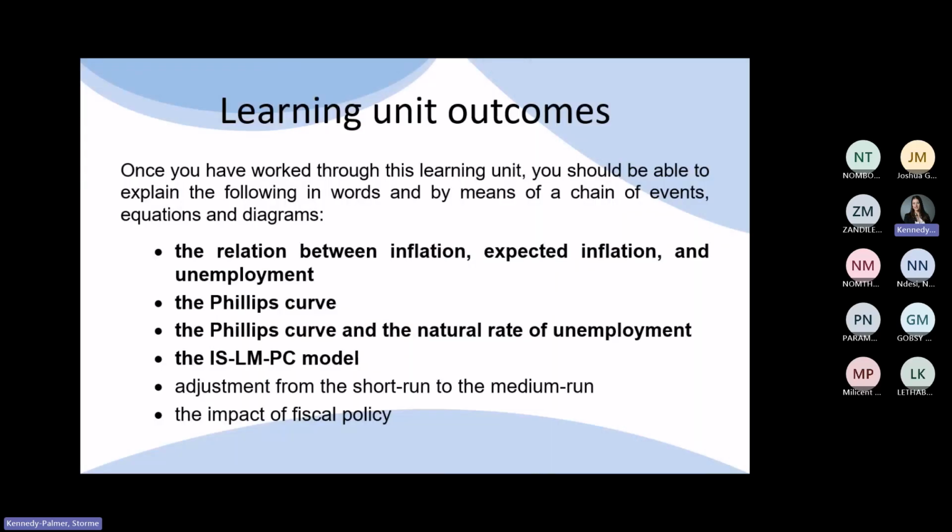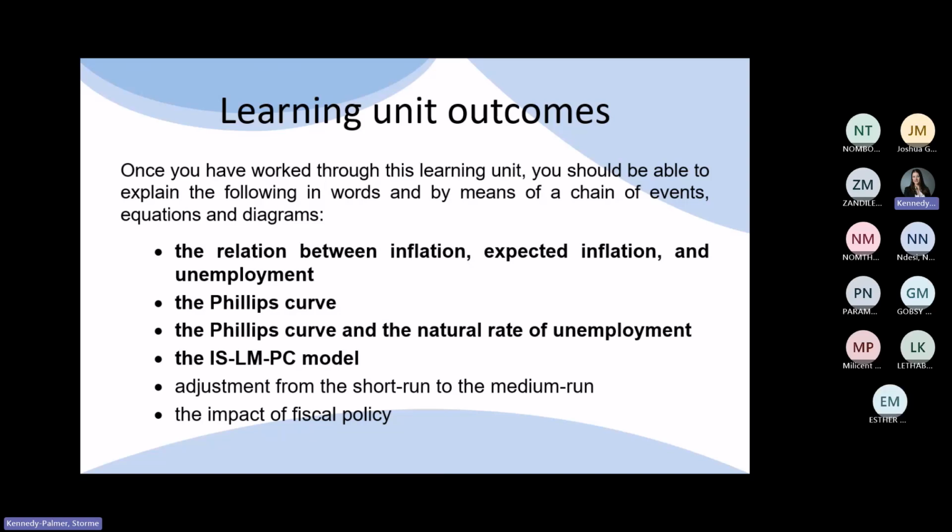Once you've worked through this learning unit, you should be able to explain the following in words and by means of a chain of events, equations, as well as diagrams. The relationship between inflation, expected inflation, and unemployment, the Phillips curve and the natural rate of unemployment, and the IS-LM-PC model.